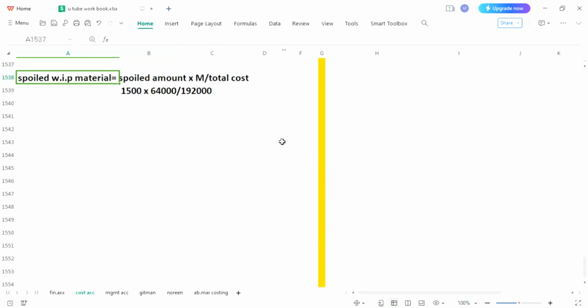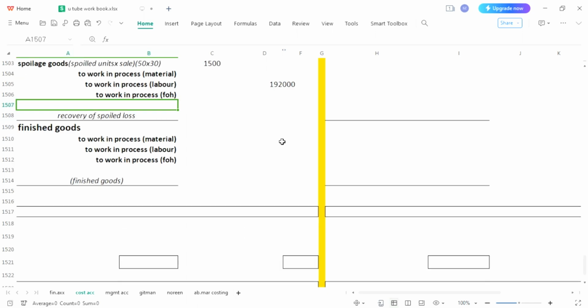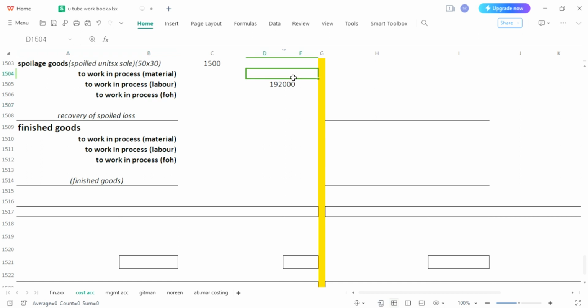In this way, the statement is completed. Now we can calculate it. 1500 multiplied by 64,000 divided by 192,000. Okay, so 500 is the amount, so you will be writing 500 over here.